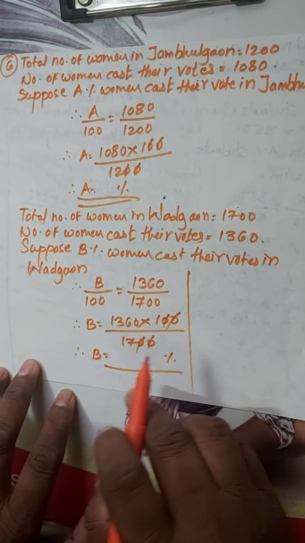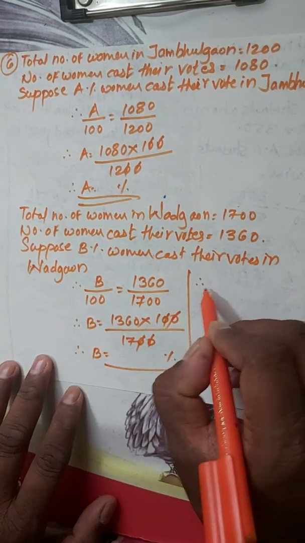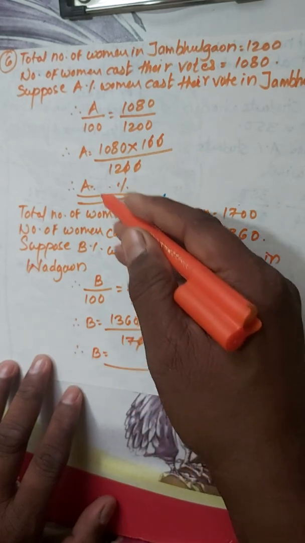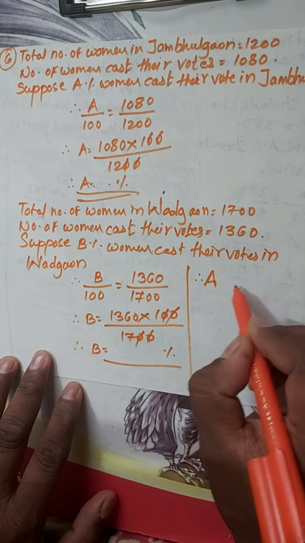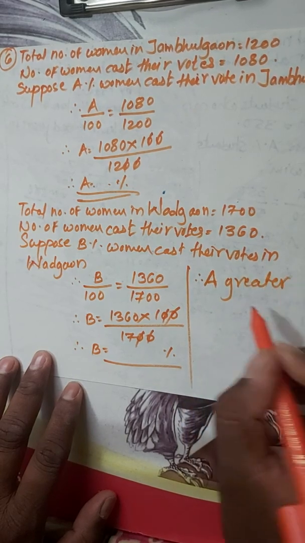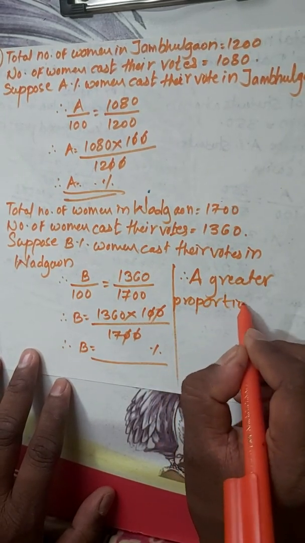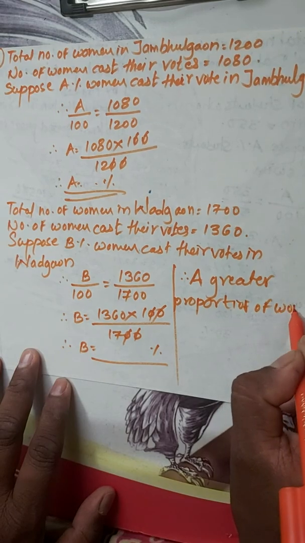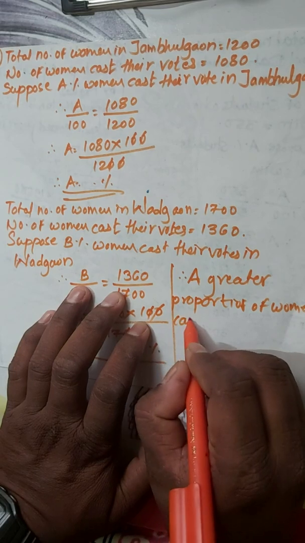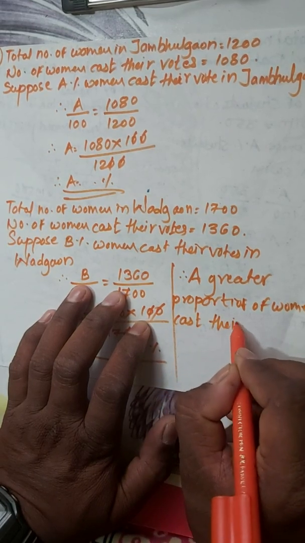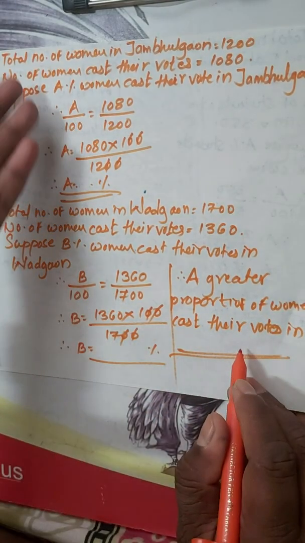Then you have to compare which is greater, and then you have to write the sentence. Therefore at last, whichever has the greater proportion, you have to write a sentence like this: a greater proportion of women cast their vote in which village, Jambulgaon or Vadgaon.